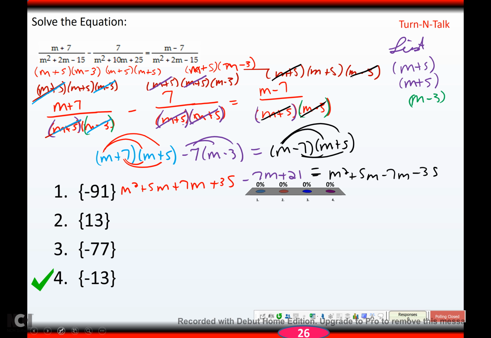Okay, it looks bad, but it's really just combining like terms. On this side, I've got an M squared. I've got 5M plus 7M is 12M minus 7M, or I could just say those cancel, so I'm left with 5M. And I have 35 and 21, which is 56.